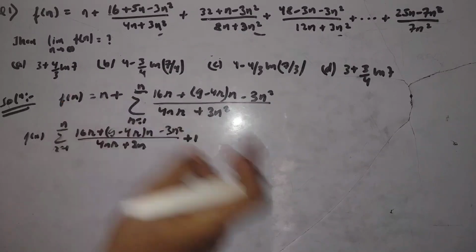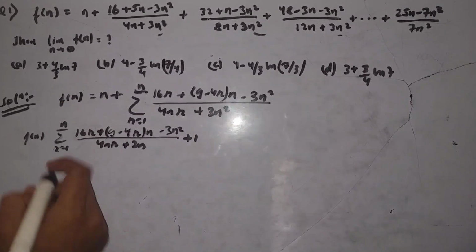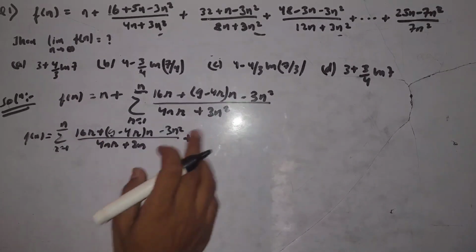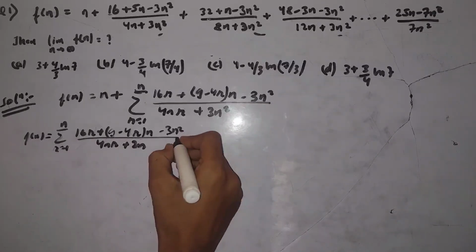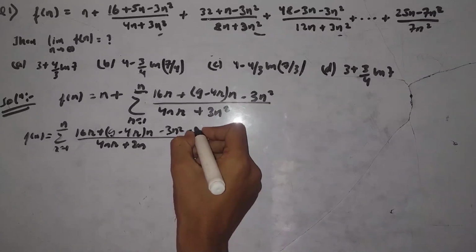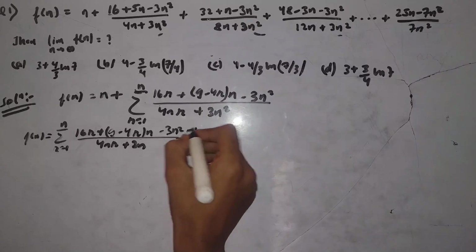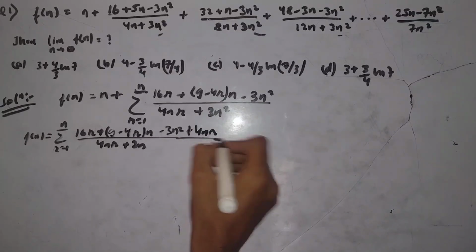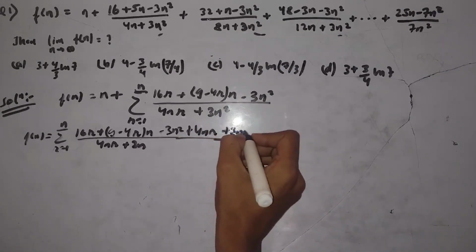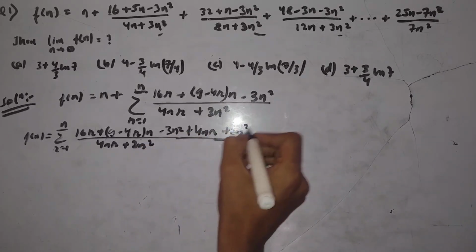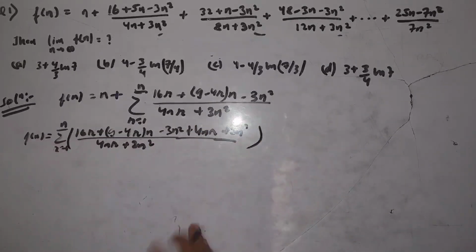This is because we have taken this n into common, so we can take the LCM. When we take the LCM, this will become plus 4nr and plus 3n square. When we open this, we can see that some terms are cancelling.